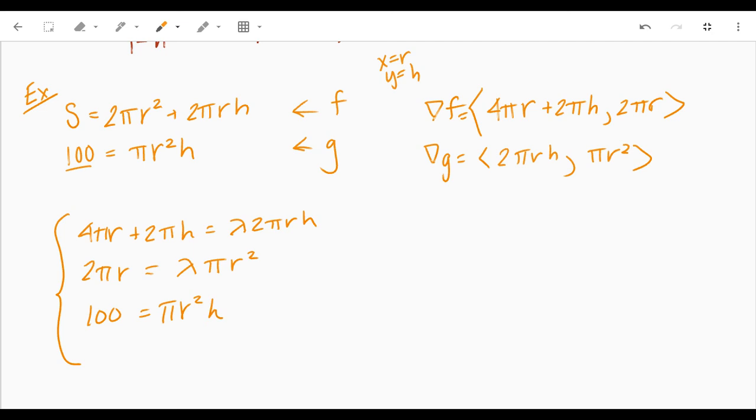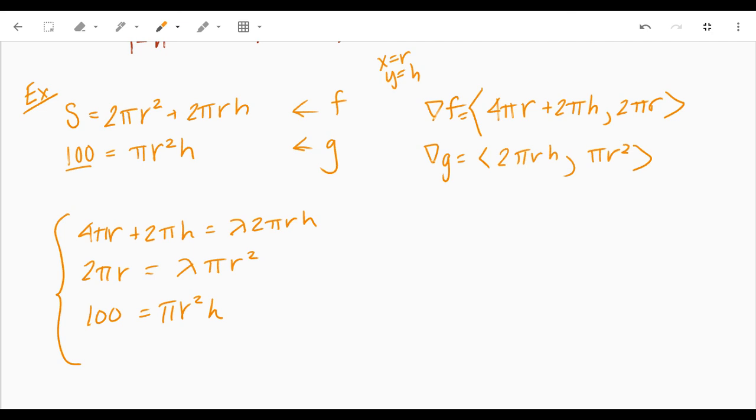So we have 3 equations and 3 unknowns. And this one is going to be pretty straightforward. You might get to some other ones where there's more than one possible answer for lambda, or not so much the r's and the h's, but I think we'll have to visit those as they pop up in the homework.